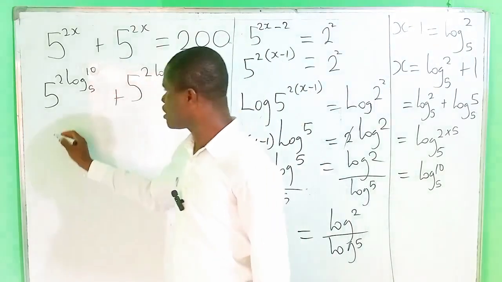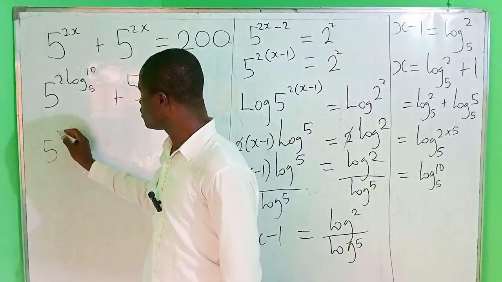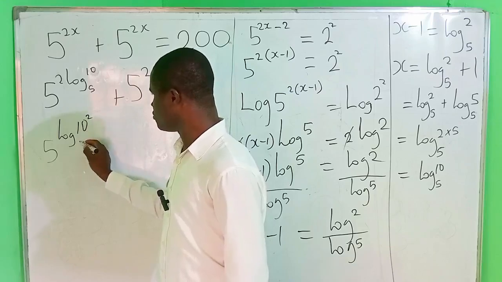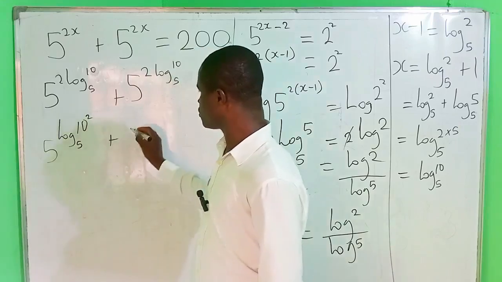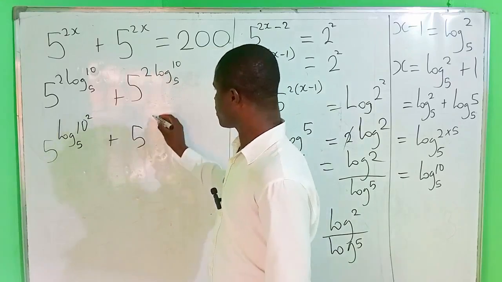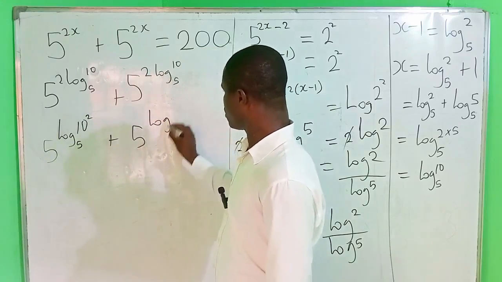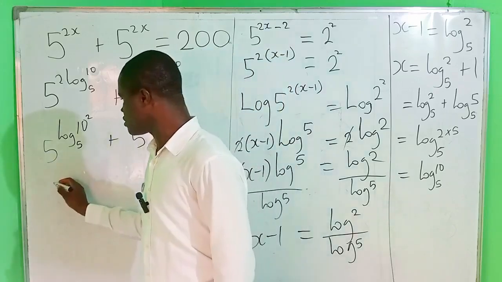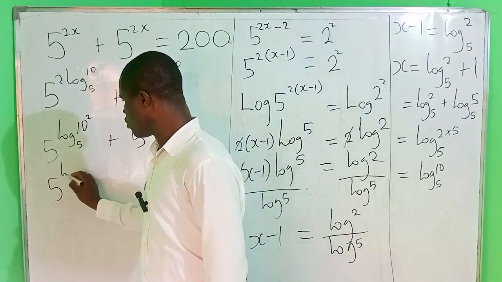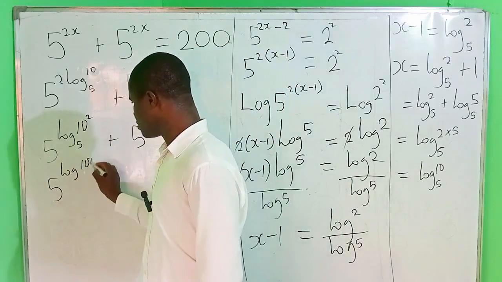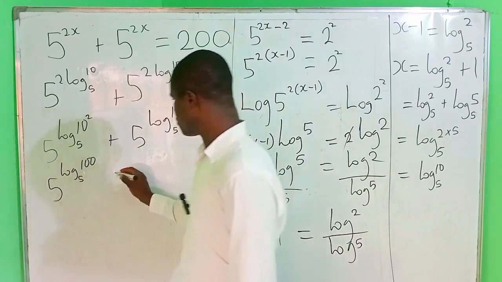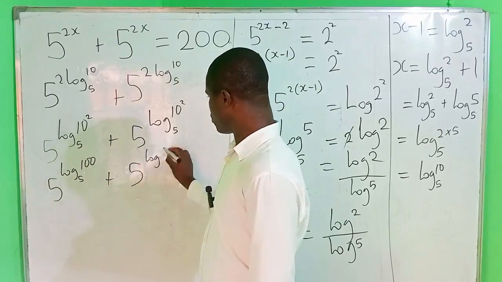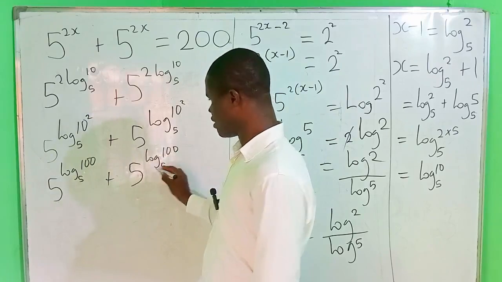So this is 5 raised to the power log 10 raised to the power 2 in base 5 plus 5 raised to the power log 10 raised to the power 2 in base 5. So this is 5 raised to the power log 100 in base 5 plus 5 raised to the power log 100 in base 5.